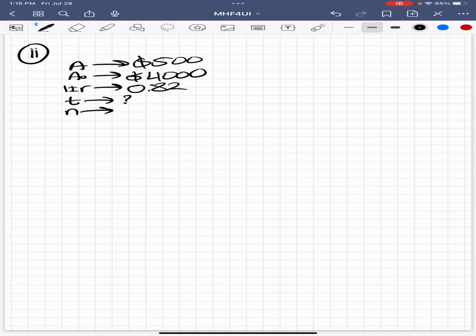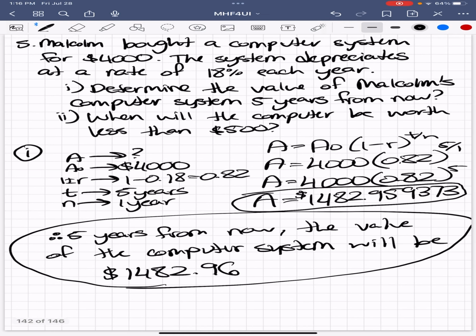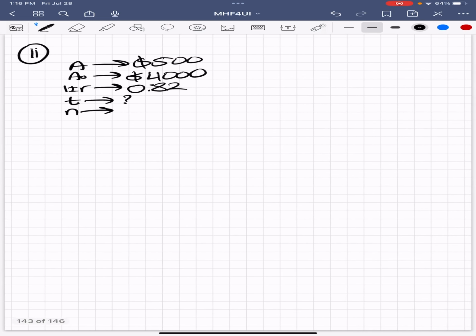We don't know the time, because our question is when will the computer be worth less than $500? So we're solving for the time elapsed until the computer is worth less than $500. And it depreciates yearly, which means that our decay time is going to be 1 year.